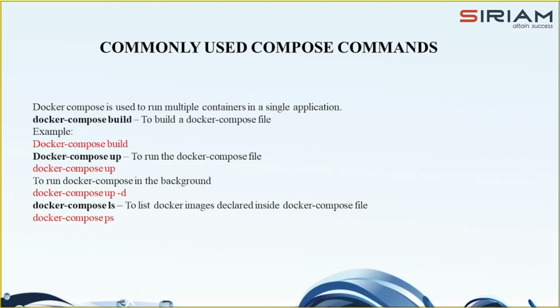So docker compose up is used to start the services defined in the Docker Compose file, right? And the docker compose ls command lists the services defined in the Docker Compose file. And the docker compose ps command lists the running containers for services defined in the Docker Compose file, right?